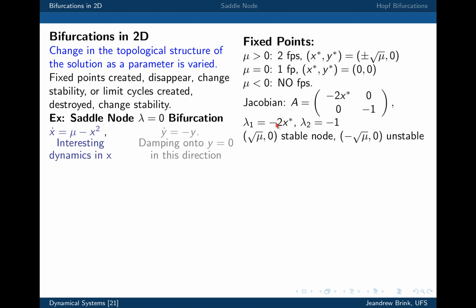So then lambda 1 becomes positive, lambda 2 is negative, and you're unstable. Okay, so you have one stable node, one node that basically acts like a saddle. And therefore, you basically have the creation of this pair of nodes at mu equals 0. You have only one fixed point and none for mu less than 0. And so we call this type of bifurcation, once again, the saddle node bifurcation. We say it occurs at the bifurcation point, which is mu equals 0 in the parameter space.